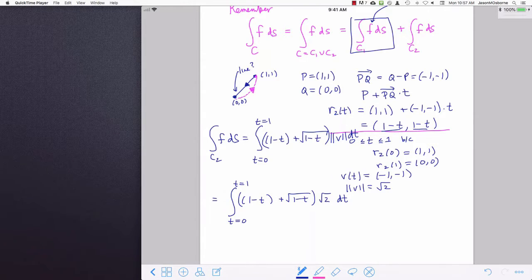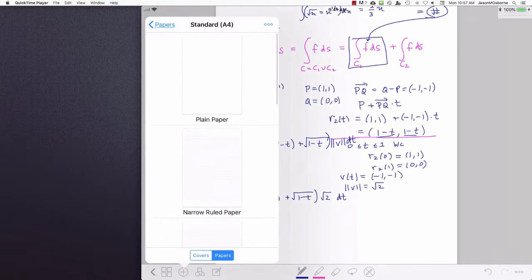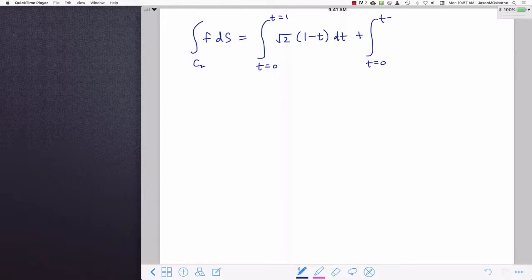Okay. So we need a little bit more room to work, so let's add a page below. And then we have the integral along the second part of the curve, f ds, is equal to the integral from time t equals 0 to t equals 1. We can split that integral into two pieces: square root of 1 minus t dt plus the integral from time t equals 0 to t equals 1, square root of 2 times the square root of 1 minus t dt.